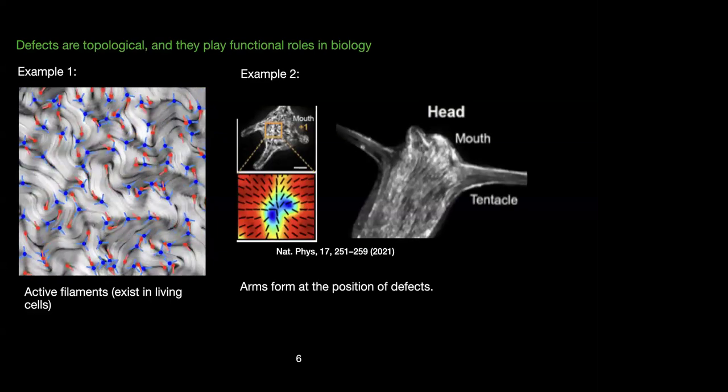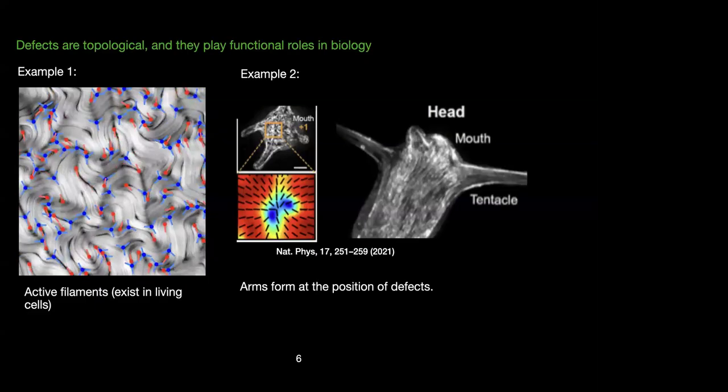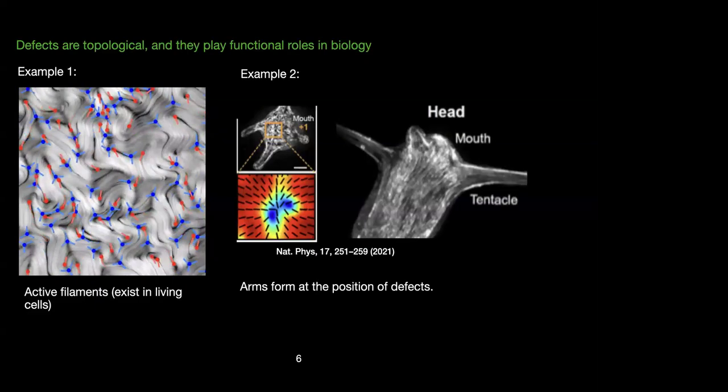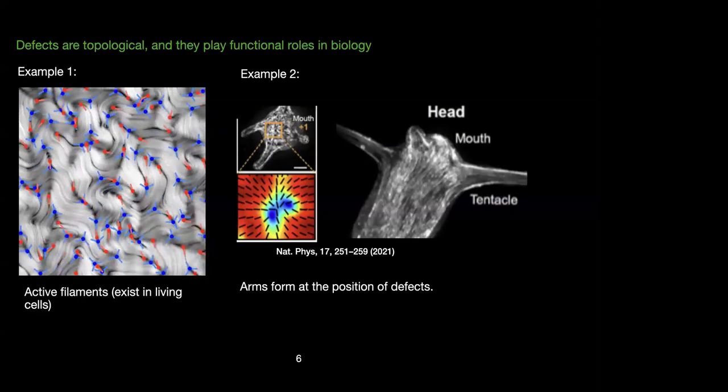And so I mentioned that the defects are topological, and this has a very interesting consequence for biology. For example, here you can see Hydra. It's a marine creature. In experiments, people have seen that this creature forms arms at the position of defects.